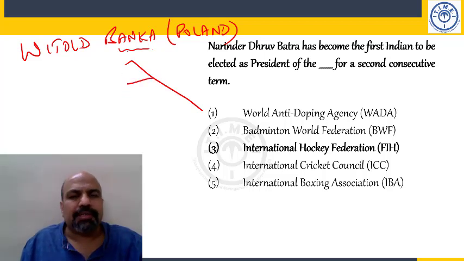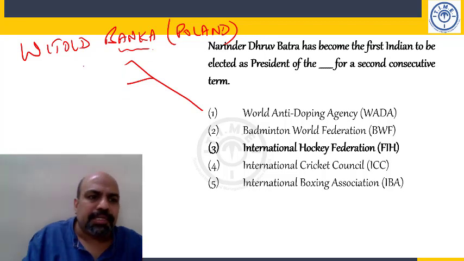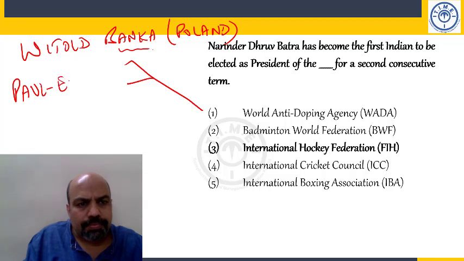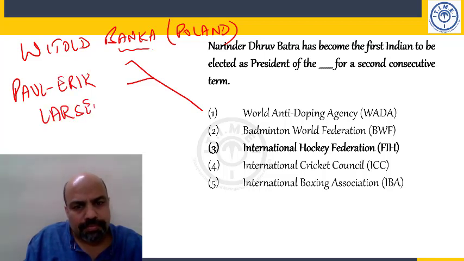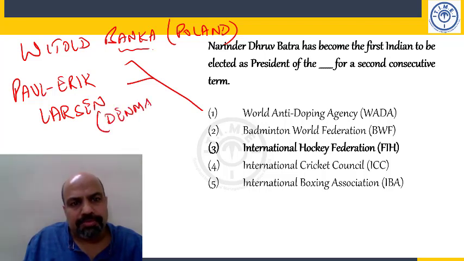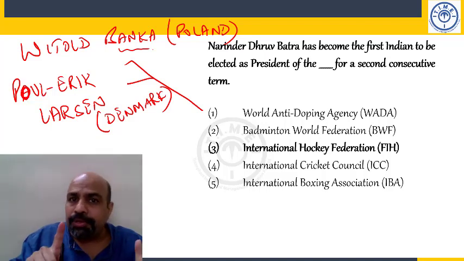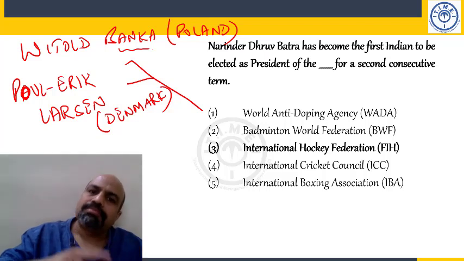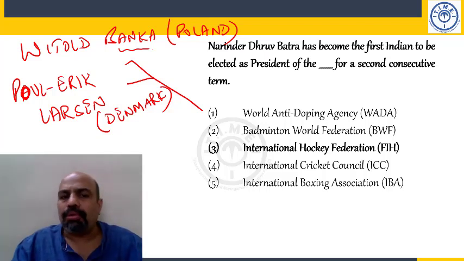World Badminton Federation, not exactly a great thing to learn, but Paul Erik Larsen, and he is from, as you know, the name Larsen comes from Denmark. You can write with an A or O, but these guys write with an O, Paul.